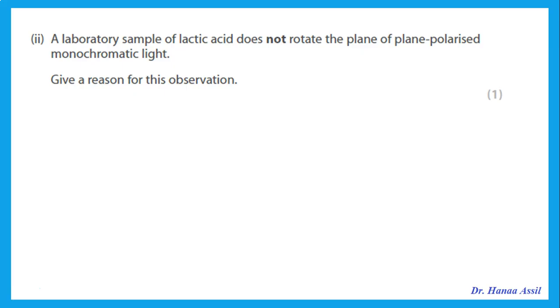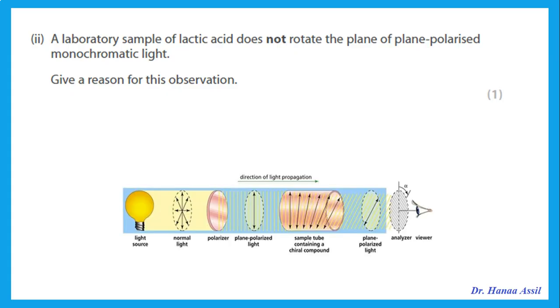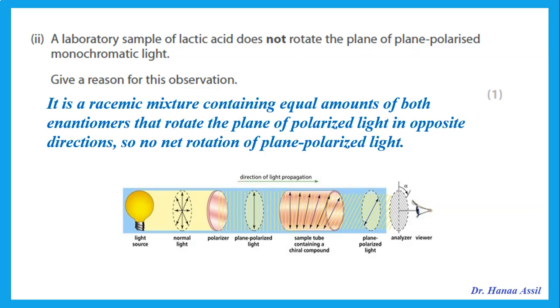A laboratory sample of lactic acid does not rotate the plane of plane polarized monochromatic light. Give a reason. So we're saying that lactic acid has a chiral center, and that means it should rotate the plane of polarized light. But if the question is saying that our sample of lactic acid does not rotate it, that means we actually have a racemic mixture.